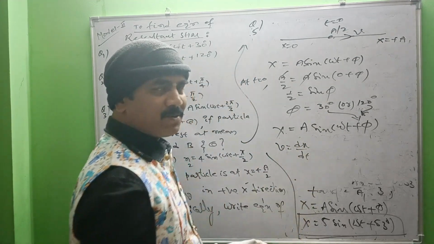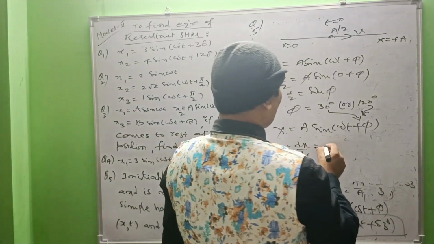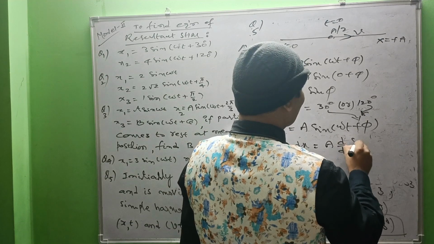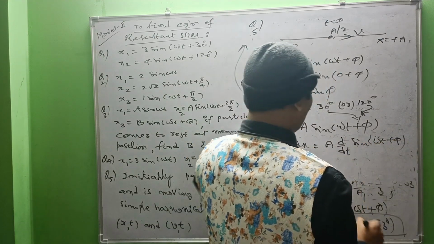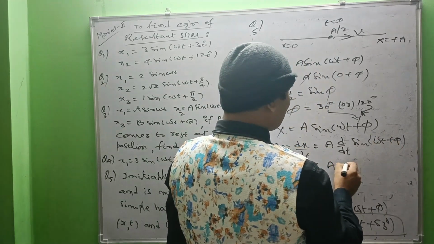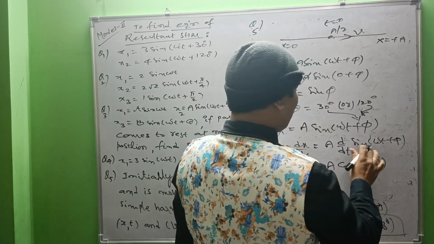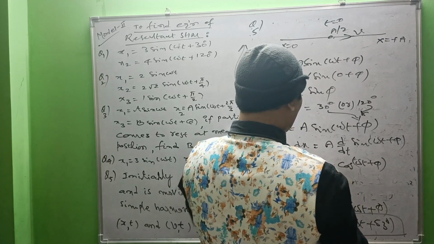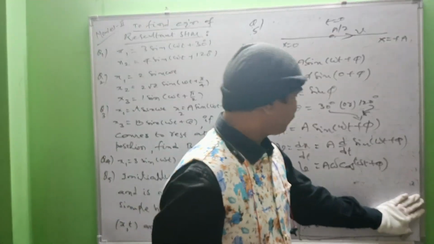What is velocity? The rate of change of position, that is dx by dt equal to a into d by dt of sine(omega t plus phi). A is constant, and the derivative of sine(omega t plus phi) is cos(omega t plus phi) into d by dt of omega t, which is omega. So ultimately v equal to a omega cos(omega t plus phi).